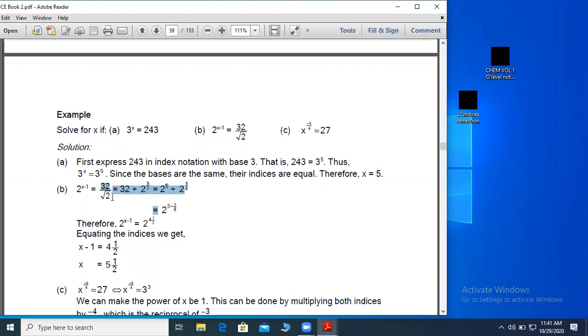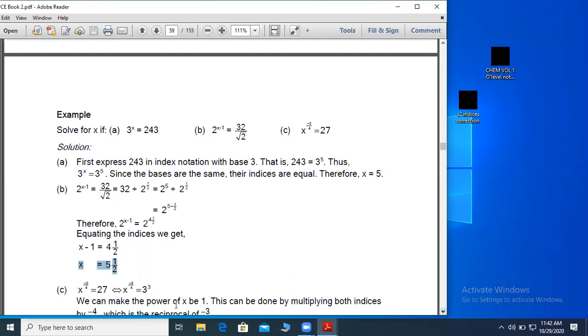So our 2 to the power x minus 1 equals 2 to the power 4 and a half, meaning the bases are now the same, so we only write x minus 1 equal to 4 and a half, and we solve for x by taking the 1 to the other side to be added, and our x will be equal to 5 and a half.